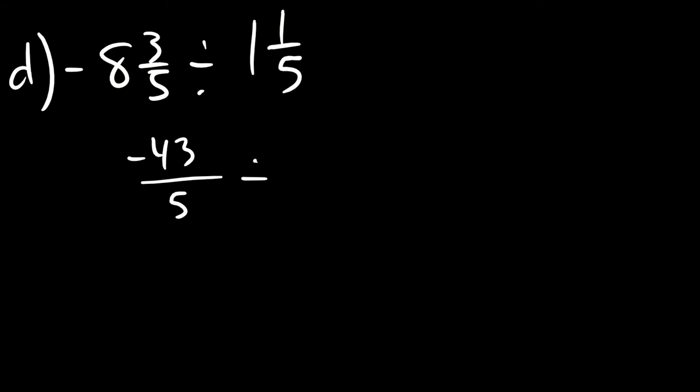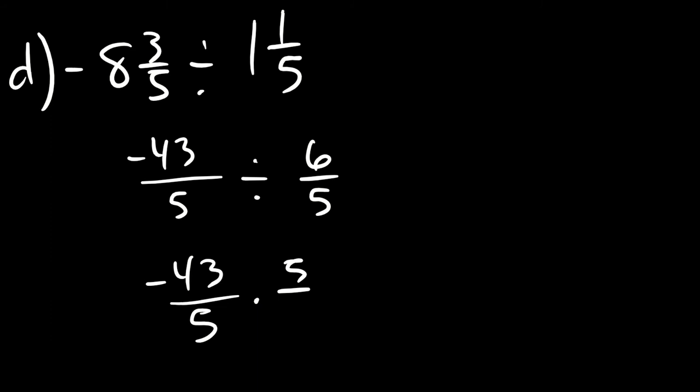And I'm going to be dividing by 6/5. Right, the number 1 is 5/5, so that's 5/5 and 1/5 is 6/5. And to do this division, I am going to multiply by the reciprocal. So I've got negative 43 fifths. I'm going to multiply that by 5 sixths.